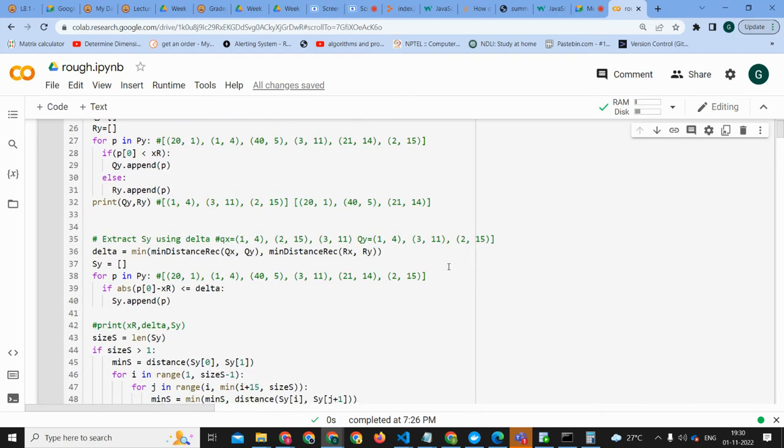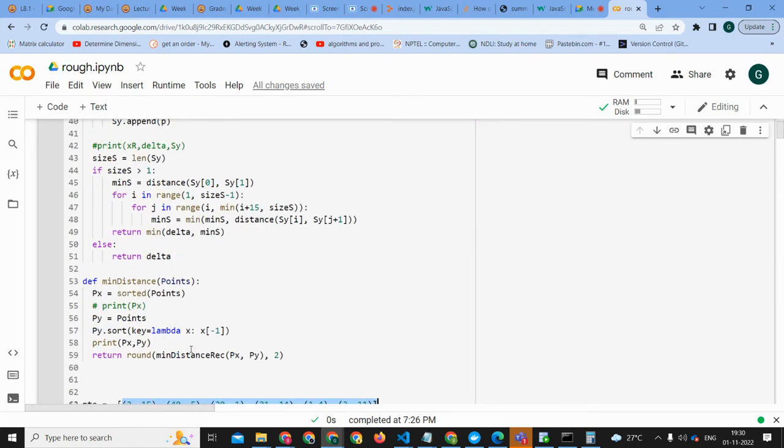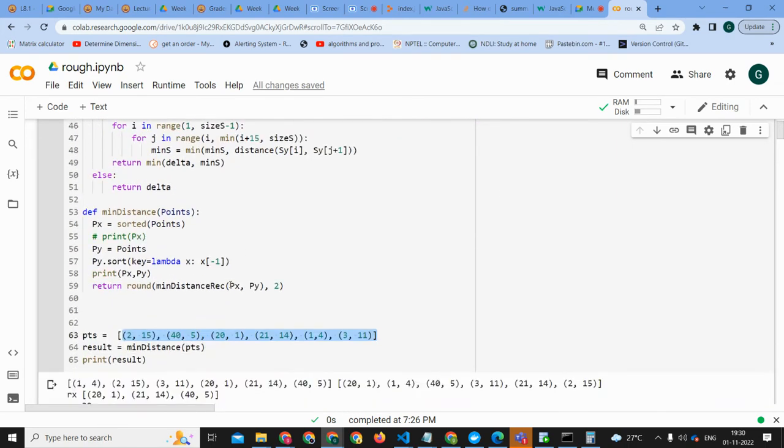It's not about the points, Uma. You remember, the first time we called the minimum distance, the points in P of x and P of y are both the same points. But Px is sorted based on the x-axis and Py is sorted based on the y-axis.